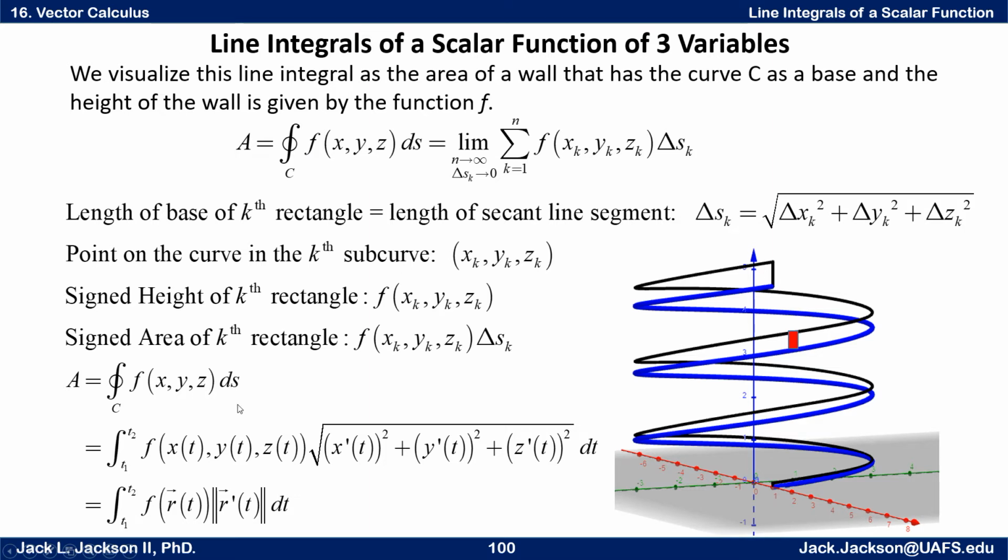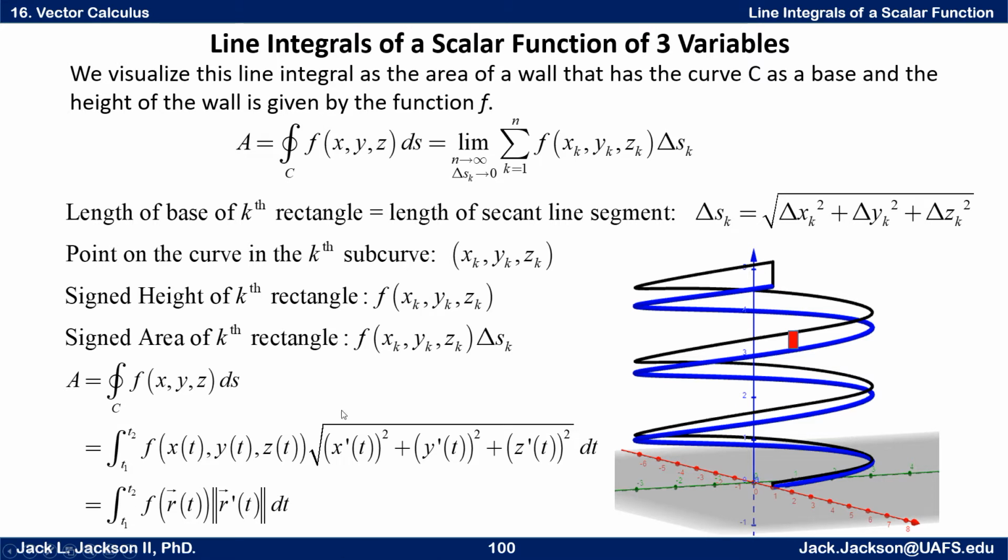Okay, and of course the way we're going to actually do this is to turn it from a line integral into a calculus 1 integral of a single variable by parameterizing everything. So this x, y, and z are replaced by x of t, y of t, and z of t for some parameterization. And so this gives us a function there.